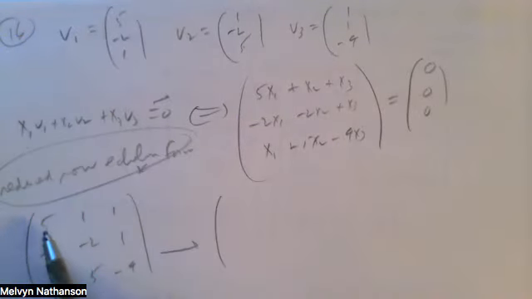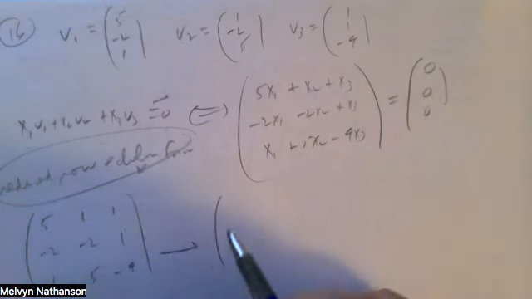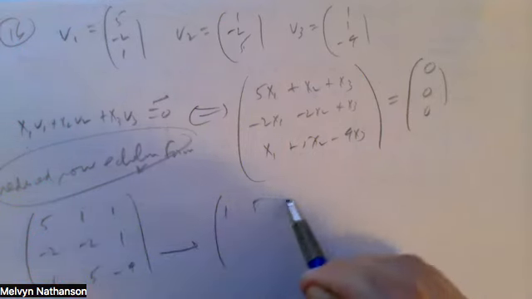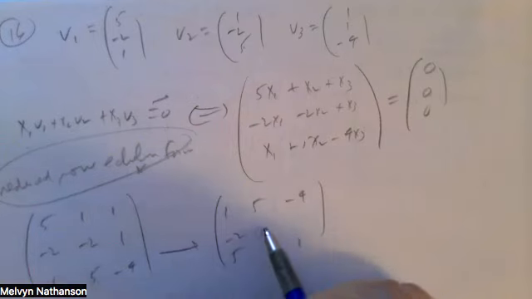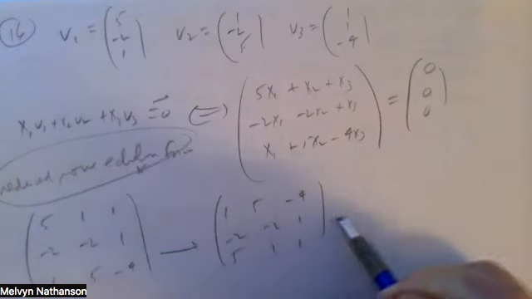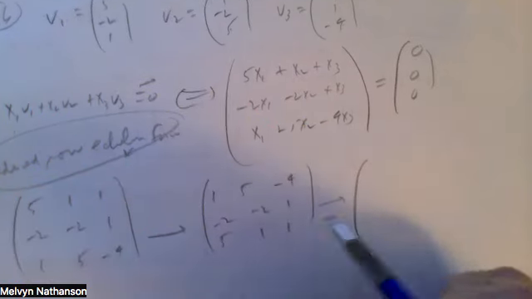So I could divide the first row by 5, but I get some fractions. It's easier to get a 1 here by interchanging the first and the third rows. So 1, 5, minus 4 switches with 5, 1, 1, and the middle row doesn't change. And then I want to get zeros in this first column under the 1.